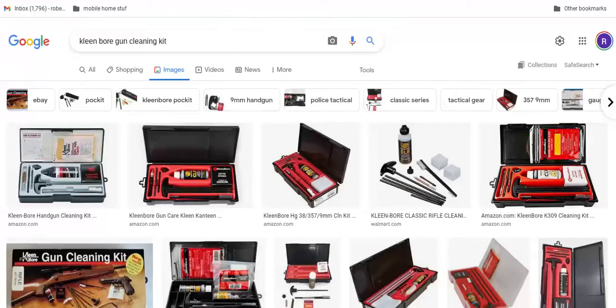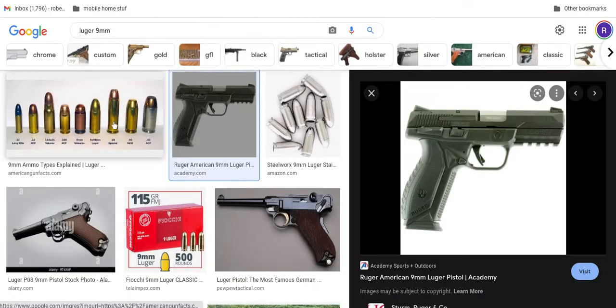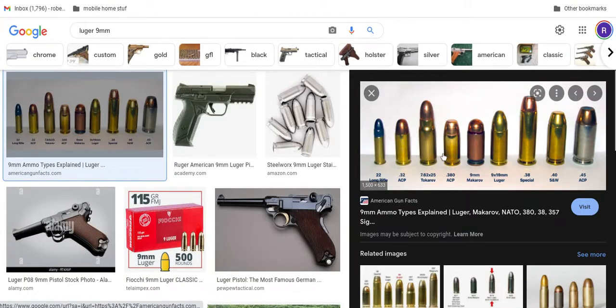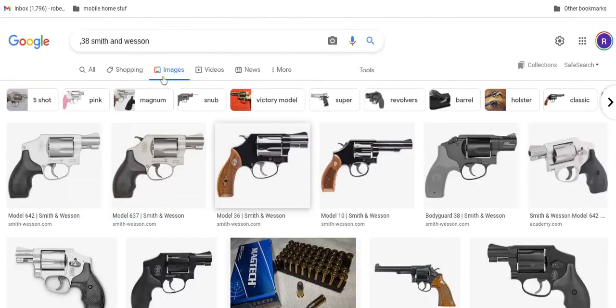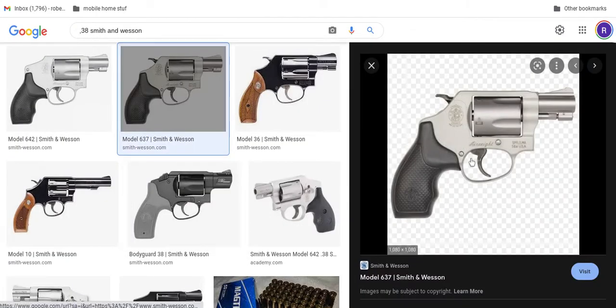Because if you had a gun cleaning kit and you had the bullets, 38 Special, 9mm, okay, at the scene, it would be reasonable to assume that a robber is not going to bring a revolver and bullets that don't fit that revolver, leave it behind, and an empty shell casing behind, and a gun cleaning kit.